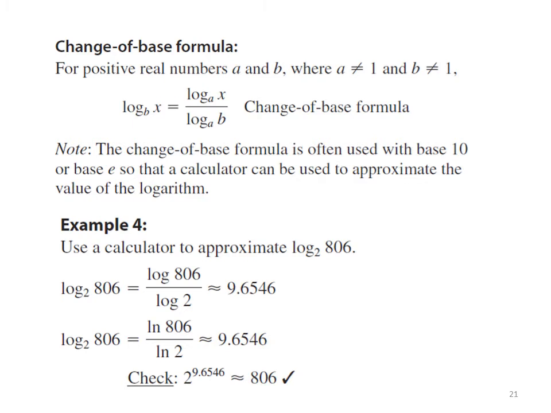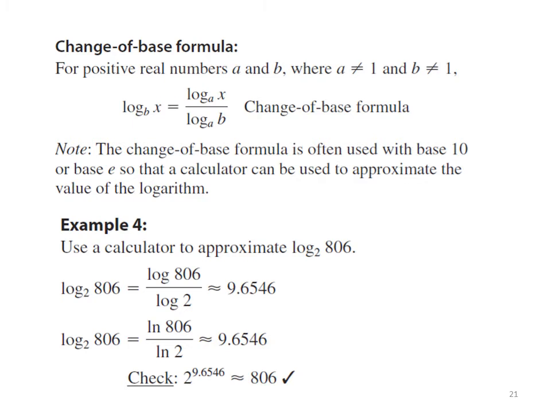Here is an example. Use your calculator to approximate log 806 to the base 2. Now we want to change the base to, let's use base 10. Log 806 to the base 2 is equal to log 806 to the base 10 divided by the log of the base, log 2.